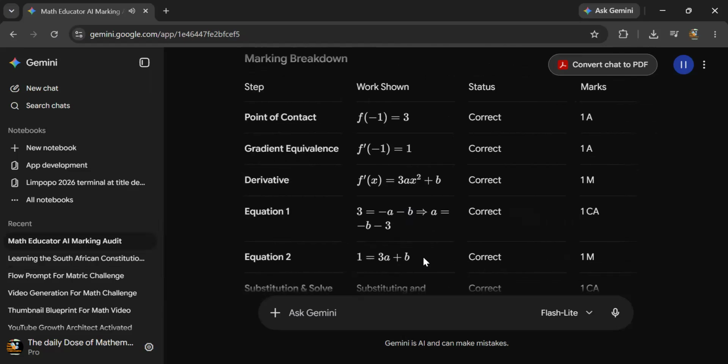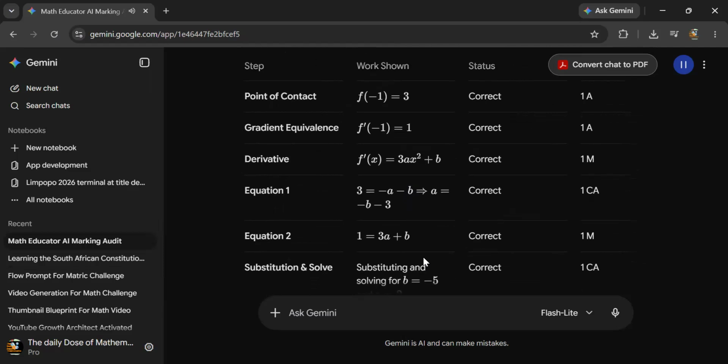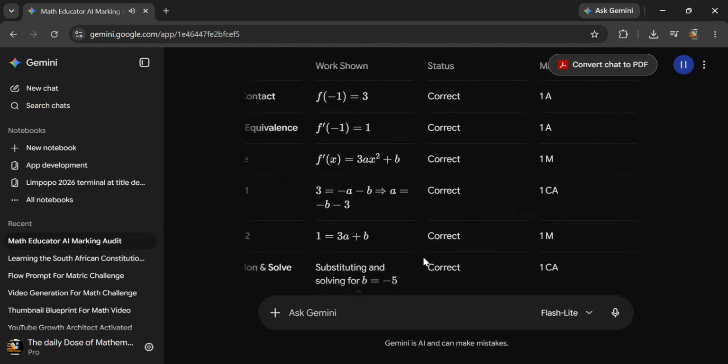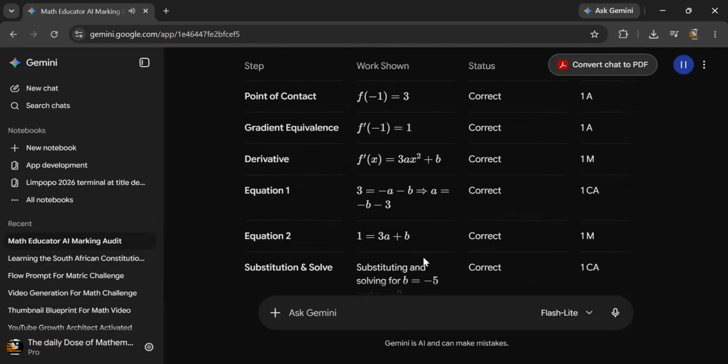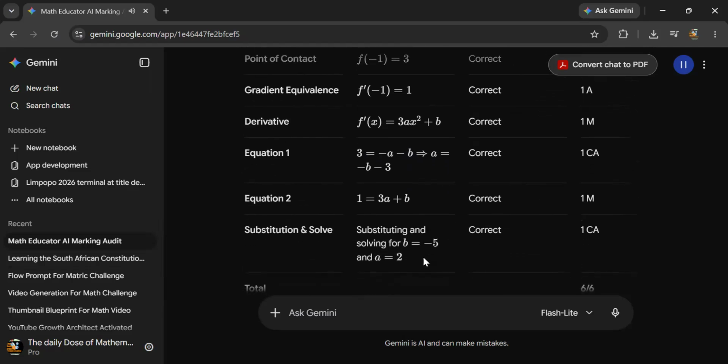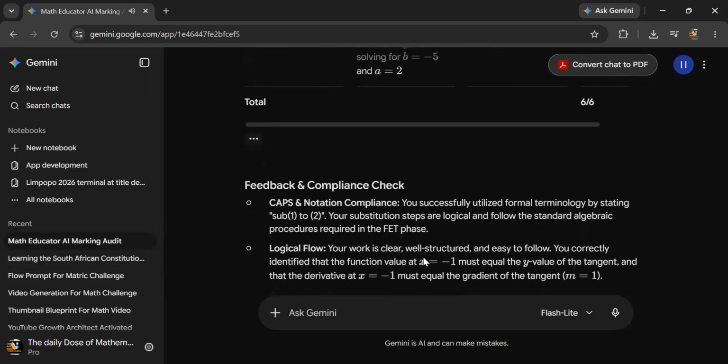Equation 1: 3 equals a plus b, so a equals b plus 3, correct, 1CA. Equation 2: 1 equals 3a plus b, correct, 1M. Substitution and solve, substituting and solving for b equals -5 and a equals 2, correct, 1CA. Total: 6 out of 6.